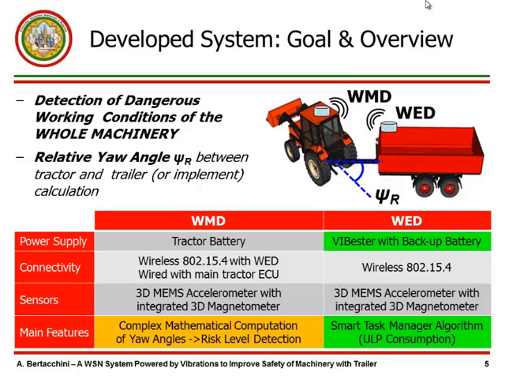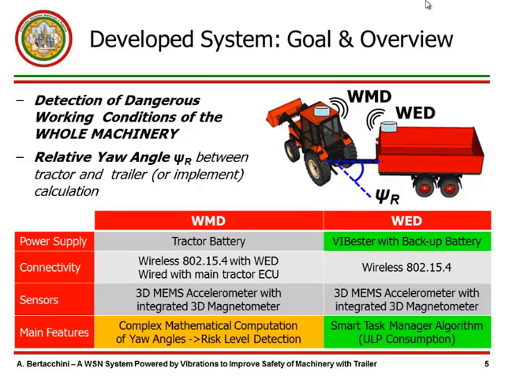The first one is the wireless master device, which is mounted directly on the tractor, and it is in charge of the complex mathematical computation of the algorithms, in particular of the yaw angles, which is needed to identify the risk level condition of the system.